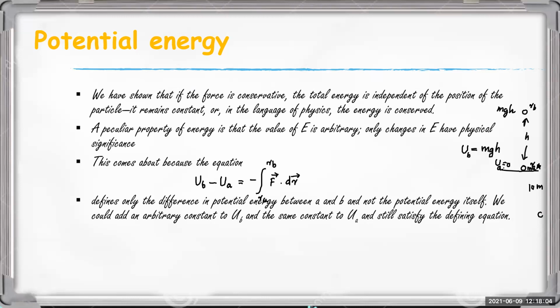Then if we add a constant, ua plus c is the potential energy at the point a, and the same constant is added to the point b also, so the potential energy there is ub plus c.